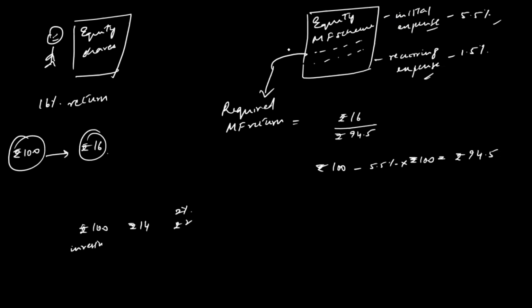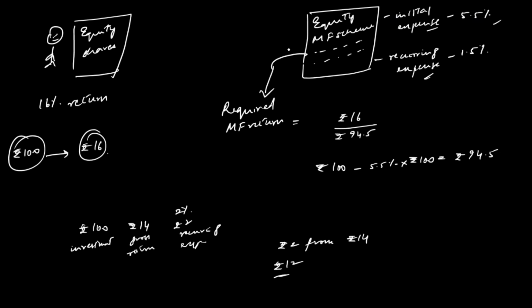So you will deduct rupees 2 from rupees 14, and the net return will be rupees 12. Every year, the fund will keep deducting this recurring expense out of the return so generated. So even in this case, there is a recurring expense of 1.5%. Whatever return the fund is generating, it will deduct 1.5% from it, and only the net return is passed on to the investor, right?